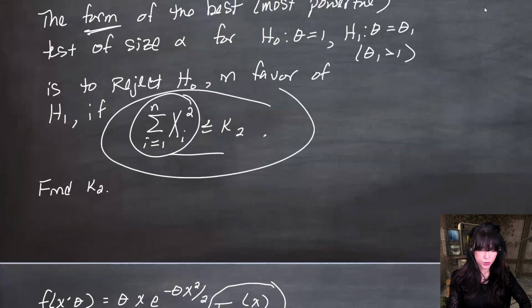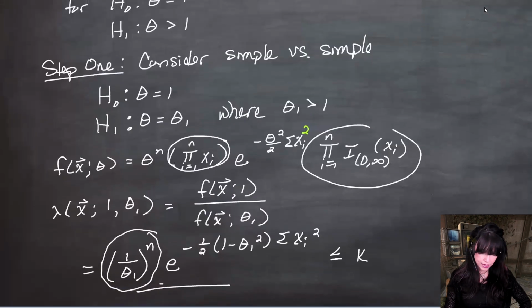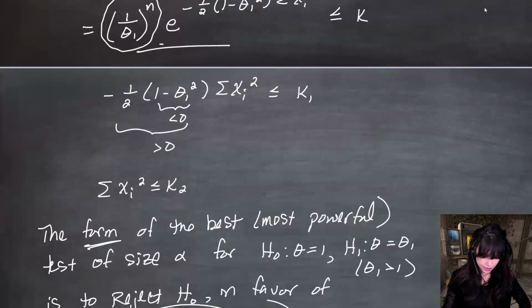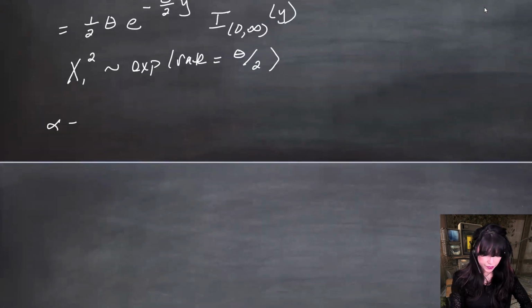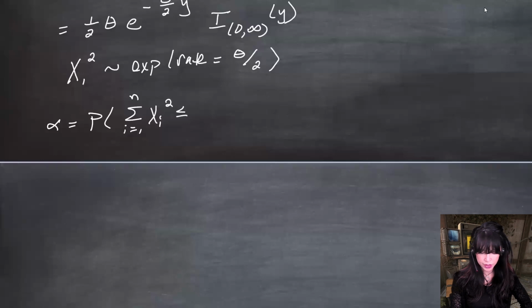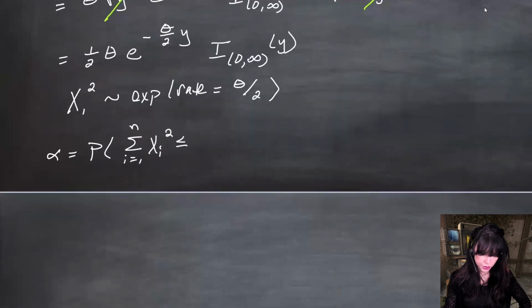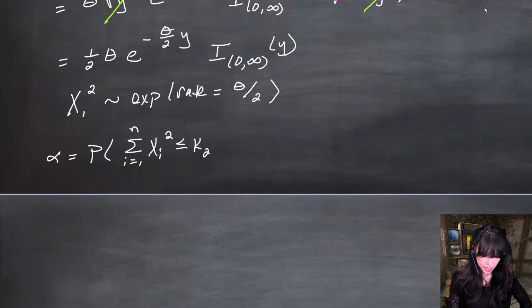Remember, I'm trying to solve this sort of problem, and I want to compute a probability that it's equal to alpha under the assumption that the null hypothesis is true. The null hypothesis here was that theta was 1. So let's do it. Alpha is the probability that the sum as i goes from 1 to n of the xi squared is less than or equal to whatever I was calling that constant, k2, when the parameter is 1.